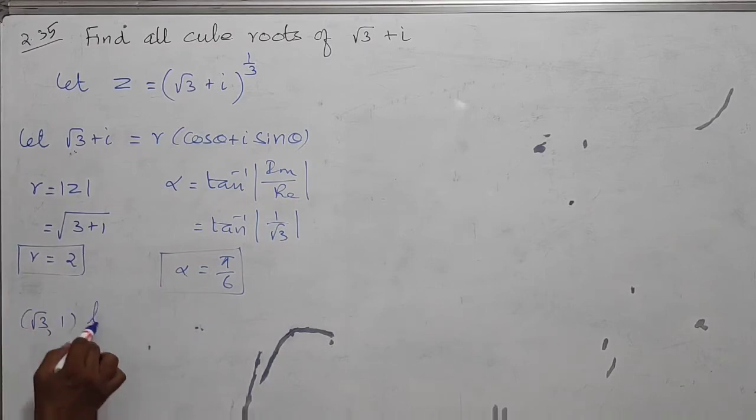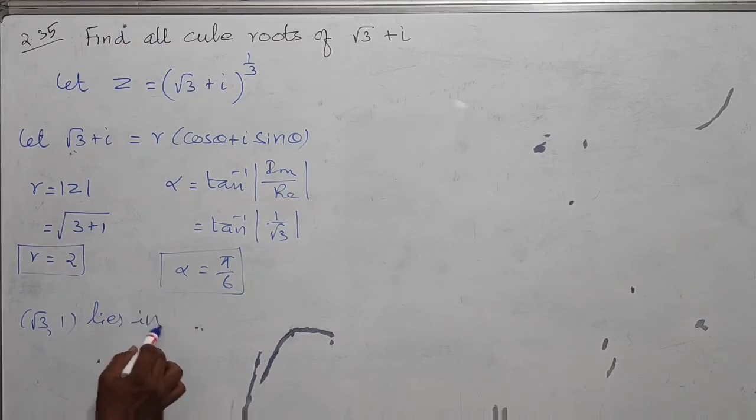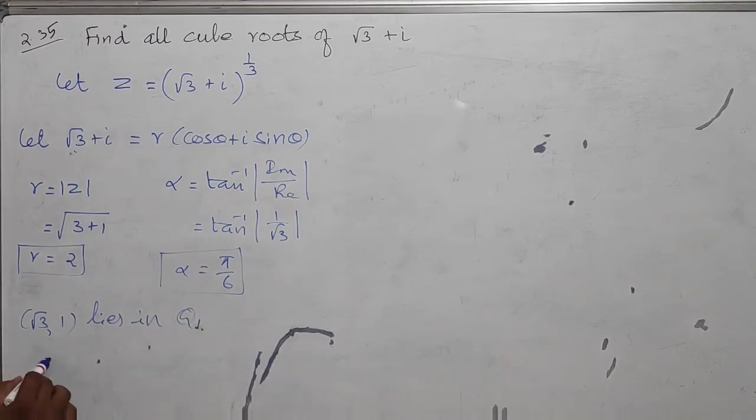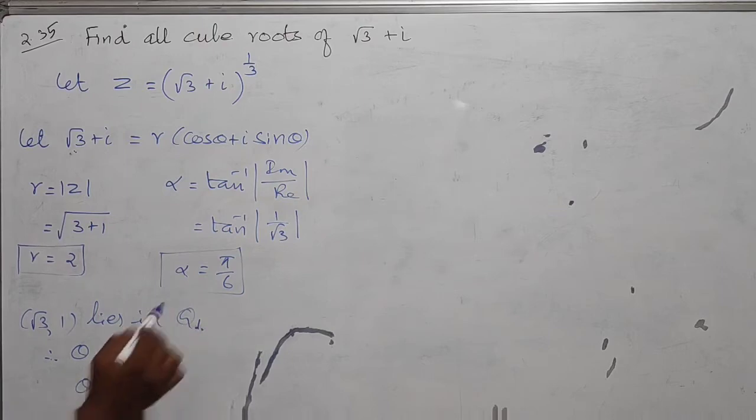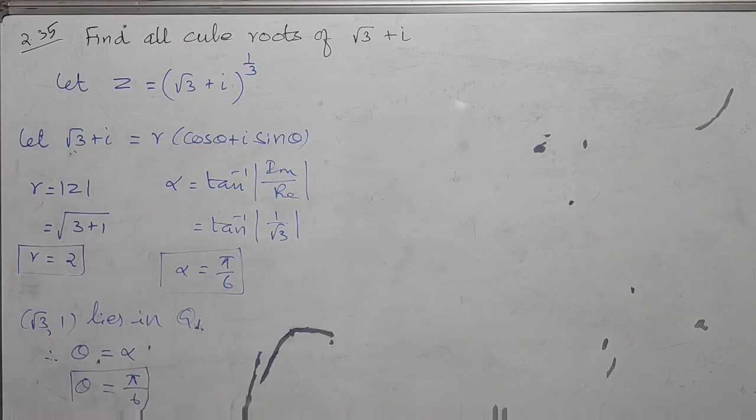Both are positive, lies in first quadrant. Therefore, we can say theta is equal to alpha, that is theta is equal to pi by 6. Now we got all these values. Then after that we can rewrite this one.